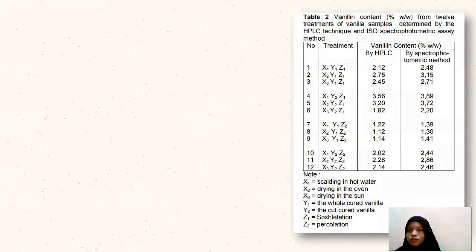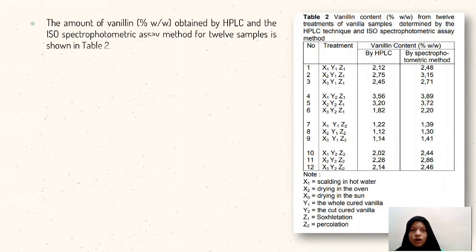And from Table 2, the amount of vanillin obtained by HPLC and the UV spectrophotometric assay method for the 12 samples is shown.